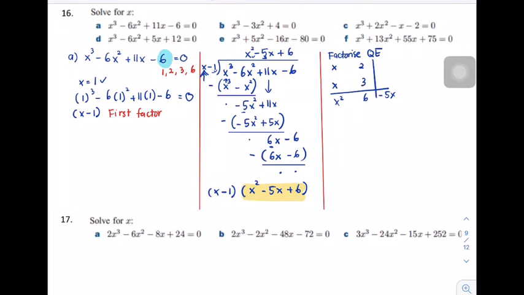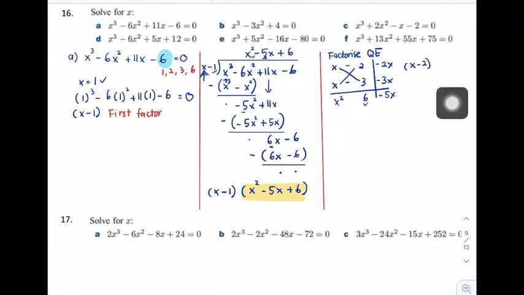Okay, 2 and 3. And then x times 3 is 3x. X times 2 is 2x to become negative 5x. Both have to be negative. And negative 2 times negative 3 is positive 6. So we have here x minus 2 and x minus 3.